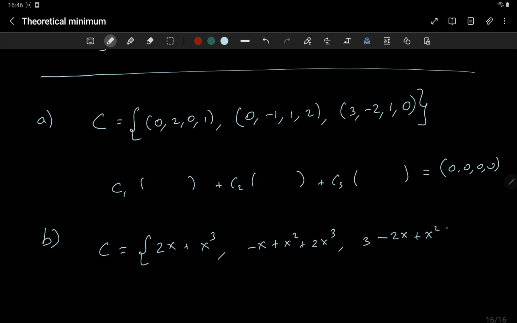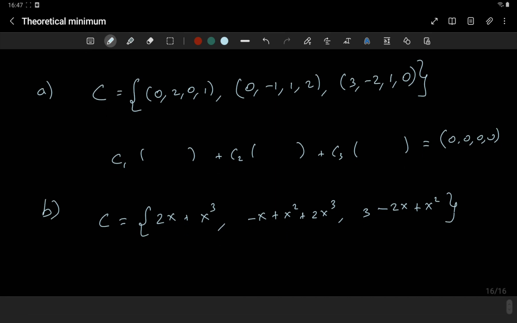Once again, c1 into first plus c2 into second plus c3 into third should be equal to the zero vector of P3 space. Then you check if c1, c2, c3 exist, generating the system of equations by equating the like coefficients of each particular degree of x. So like that you will generate the equations.